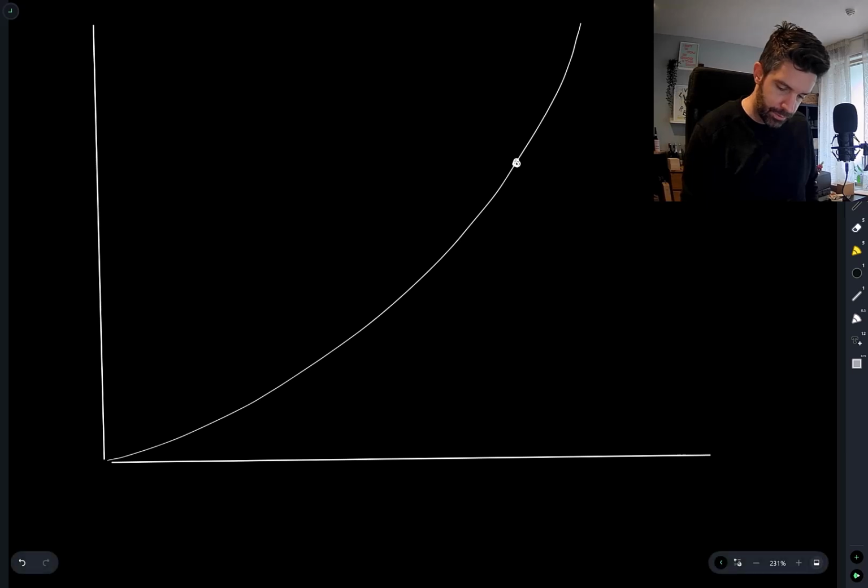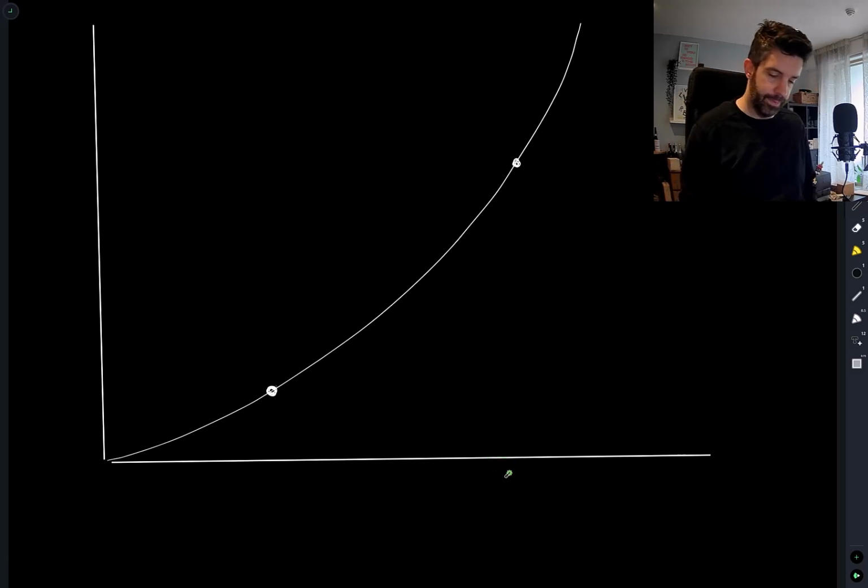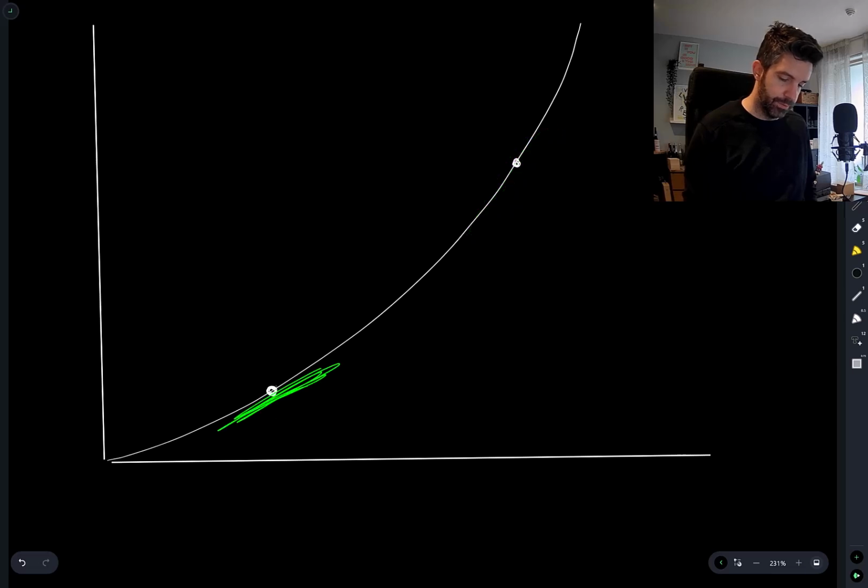If I have 2 different values of x squared, if I want to move that down by 1, then I need to move the corresponding value of x to the left. But if I want to move this down by 1, then I have to move this value of x farther to the left. The distance I have to move to the left is greater than the distance I have to move this one to the left. And that's because of the relative steepness of these two things. I think that's the best way I can explain this.